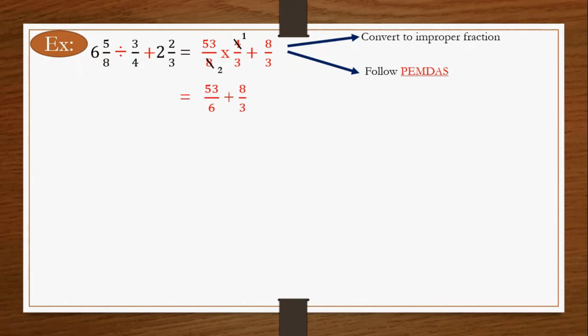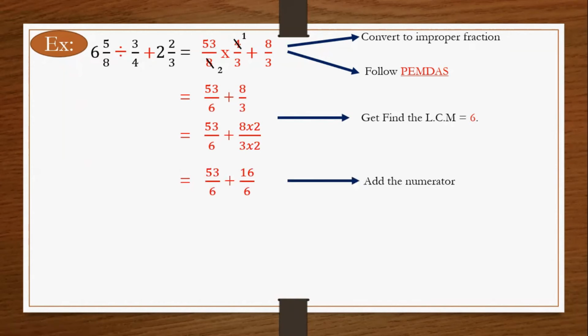Then after that, we will use addition here. So we have 53 over 6 plus 8 over 3. Next step is to find the LCM of 6 and 3, which is 6. After that, we solve it. Next is we will add the numerator. So 53 plus 16 equals 69. So 69 over 6.